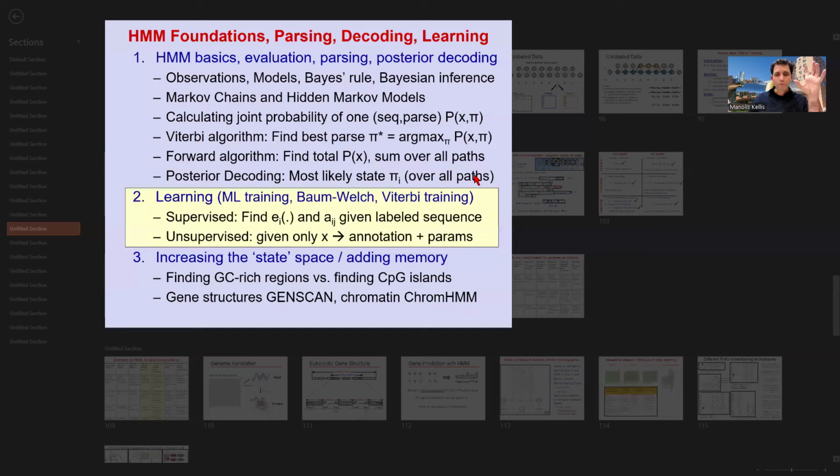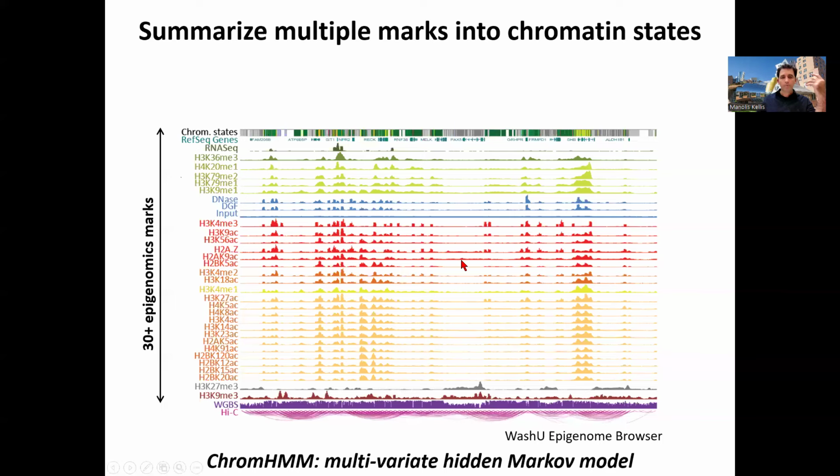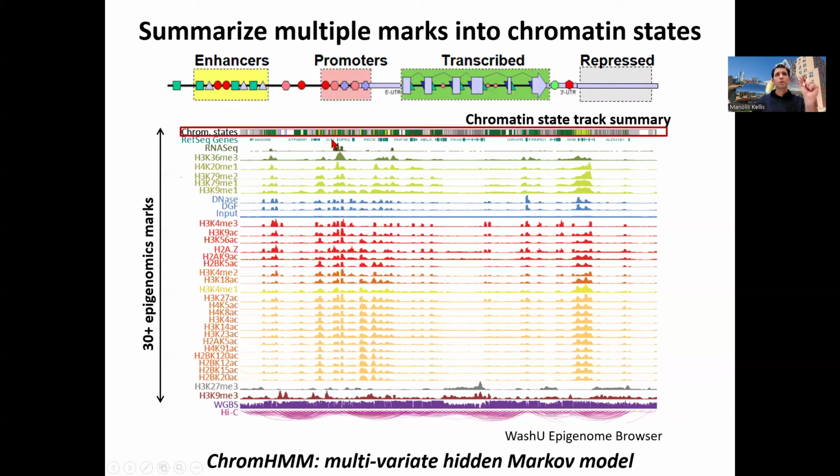So what that allows me to do is to now use all of that information to effectively create a hidden Markov model that allows me to parse the probability of being in each of these hidden states of enhancer, promoter, transcribe, repressed, based on the observations of the marks that I'm emitting. Is everybody with me here?